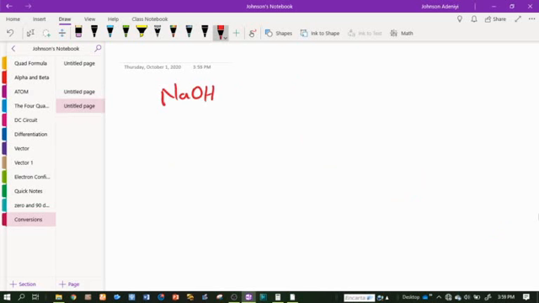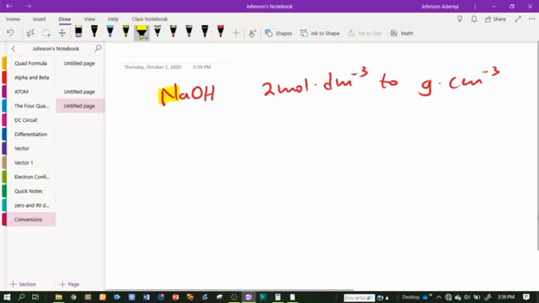So let's say the concentration of this is 2 mole per dm cube, and we have to convert it to gram per centimeter cube. All you need to remember here is that you don't need to write the compound if you like, but I will advise you write it.